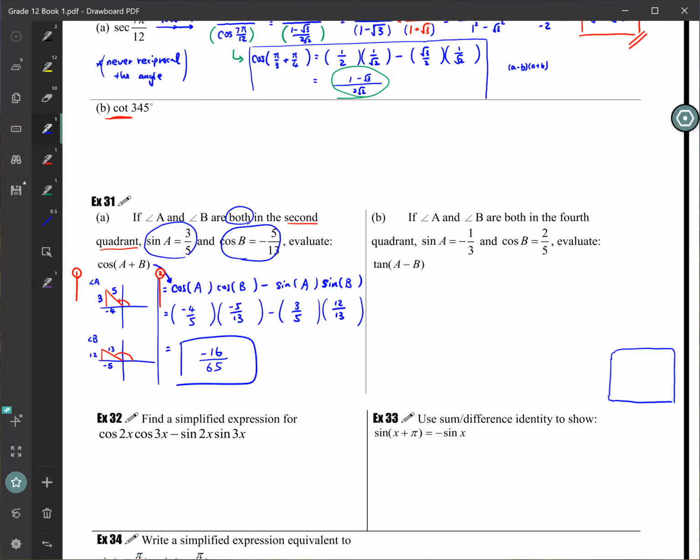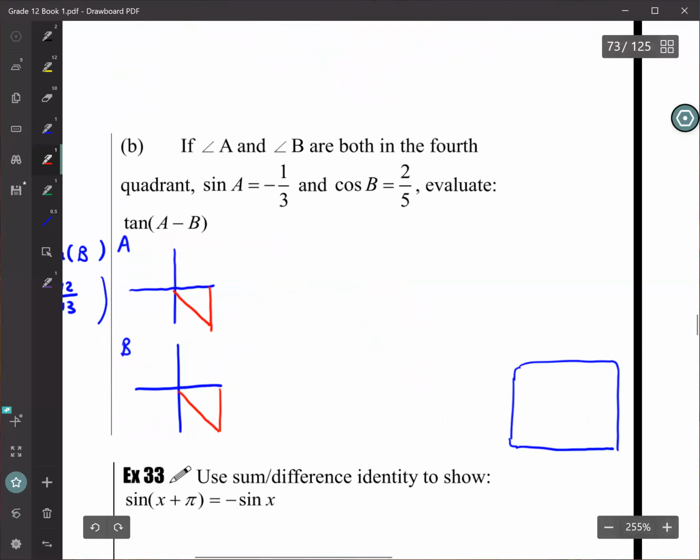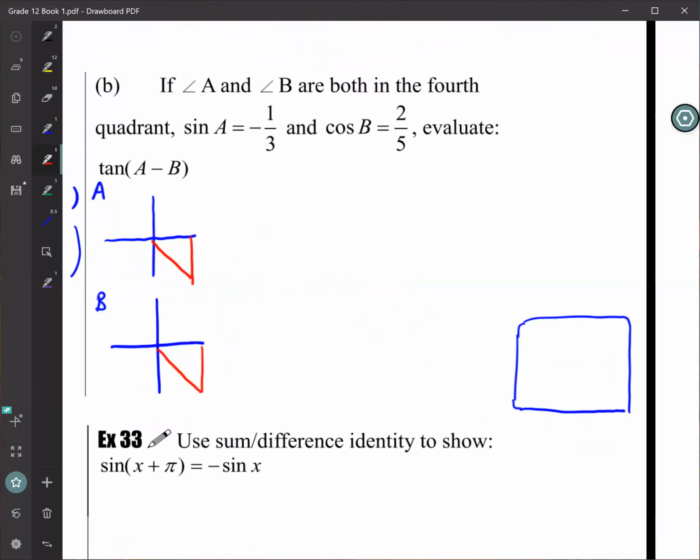Any questions so far, anyone? Fourth quadrant. So make sure you put them at the right place, okay, at least as being fourth quadrant. So you don't need a calculator here, right?